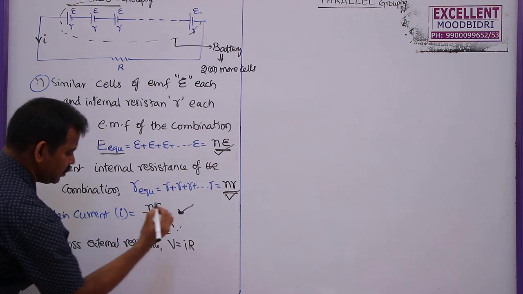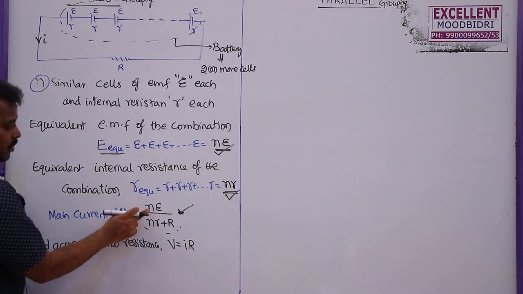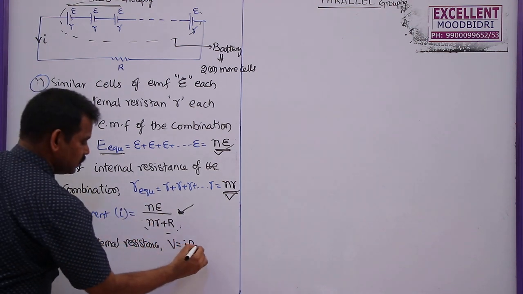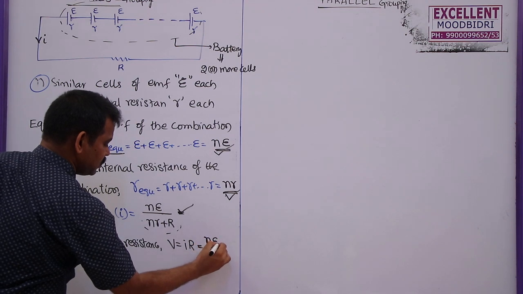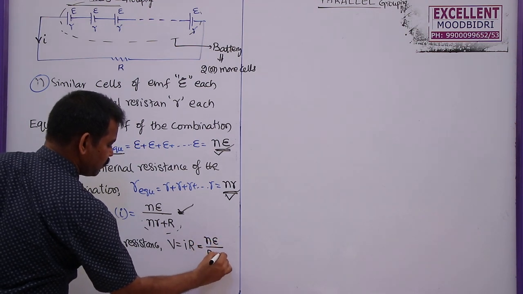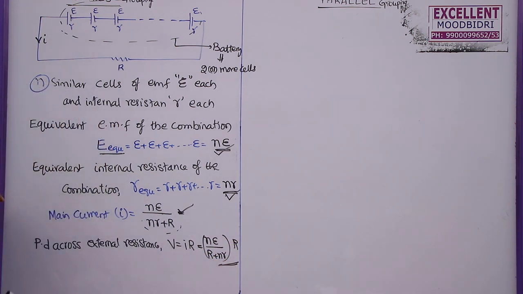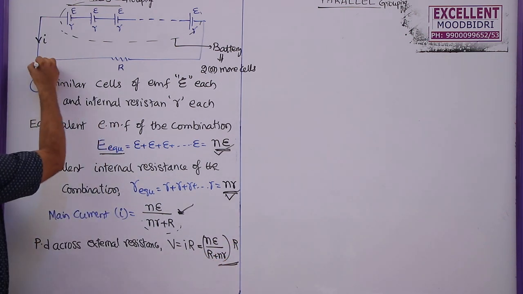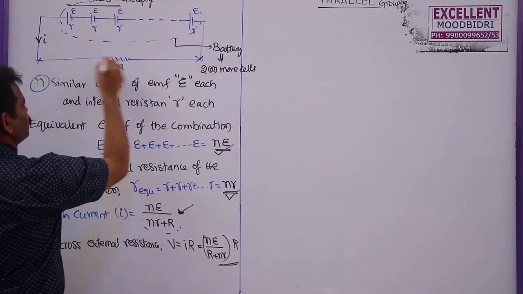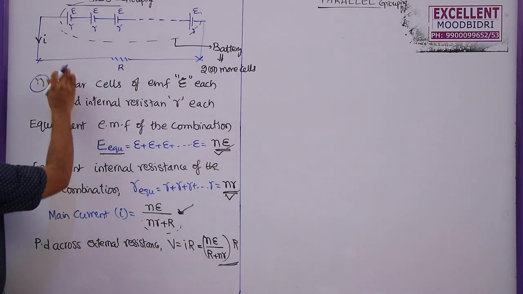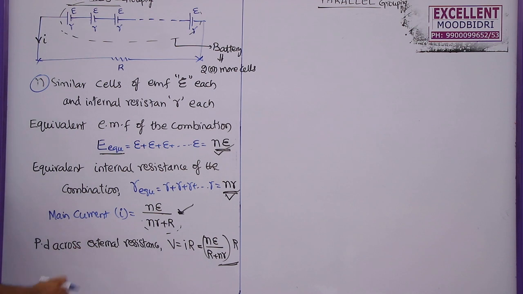V is equal to I into R. What is this I value? nE by nr plus R. So this can be written as nE by (R plus nr) into R. This is the PD across the combination. So the potential difference across this combination, that amount of current into this resistance, will give the PD across the external resistance. Now the power consumed by the external resistance.